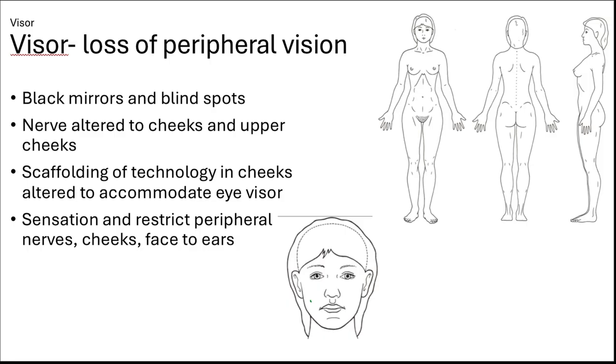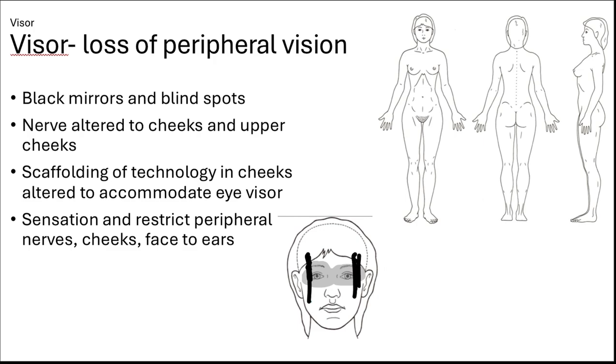The visor has created a loss of peripheral vision. It's like having horse blinkers on, the same as the horses that walk. So it's like having a block here.